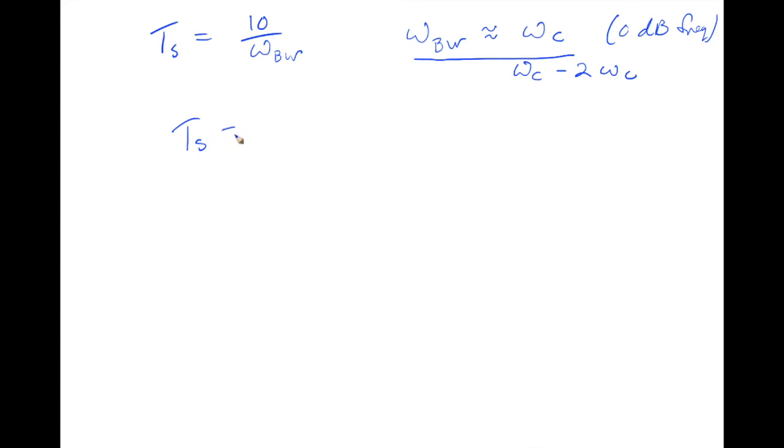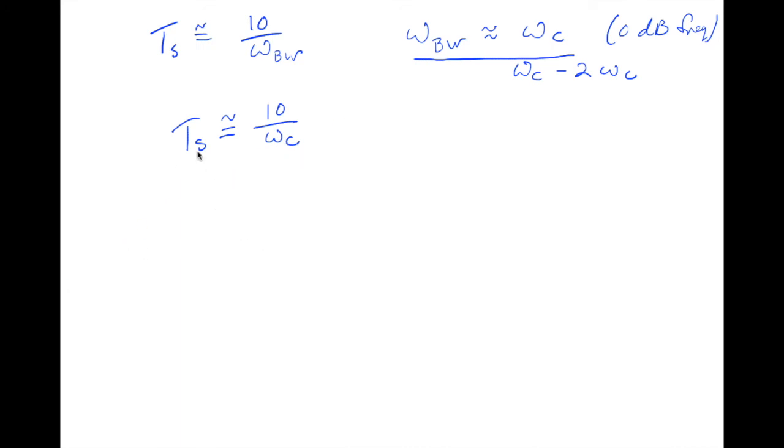So if we say settling time is approximately equal to 10 over omega C, then the real settling time will probably be a bit quicker than that because it might be 10 over 2 omega C, or this might be 5 over omega BW. So we're probably expecting the true settling time to be somewhere maybe around half this value if we're lucky. Maybe if we're at the extreme ends of these limits, it's more like a quarter of this value. But this kind of gives us a reasonable upper limit on settling time.